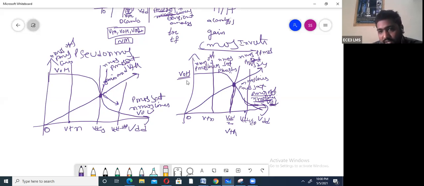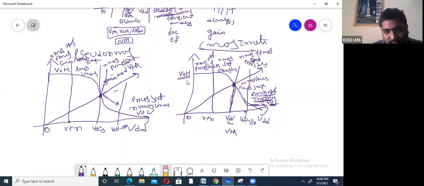Based on this, you can calculate the threshold voltage of CMOS, gain of CMOS, VOH of CMOS, VOL of CMOS equations. So here also the same: NMOS is in saturation, similar to CMOS, PMOS linear.